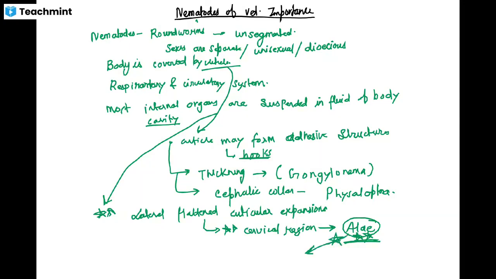Examples in which alae are present are esophagostomum and toxascaris.